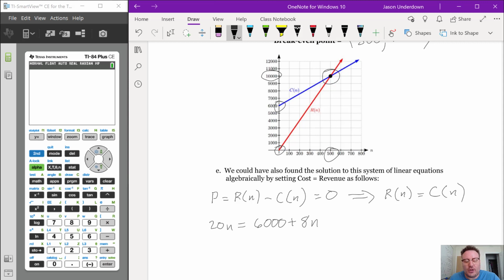To do so, I subtract 8n from both sides, and I'm left with 12n, not negative 12n, just 12n on the left. And that would be equal to 6,000. And then divide both sides of the equation by 12, and I get n is equal to 6,000 over 12.